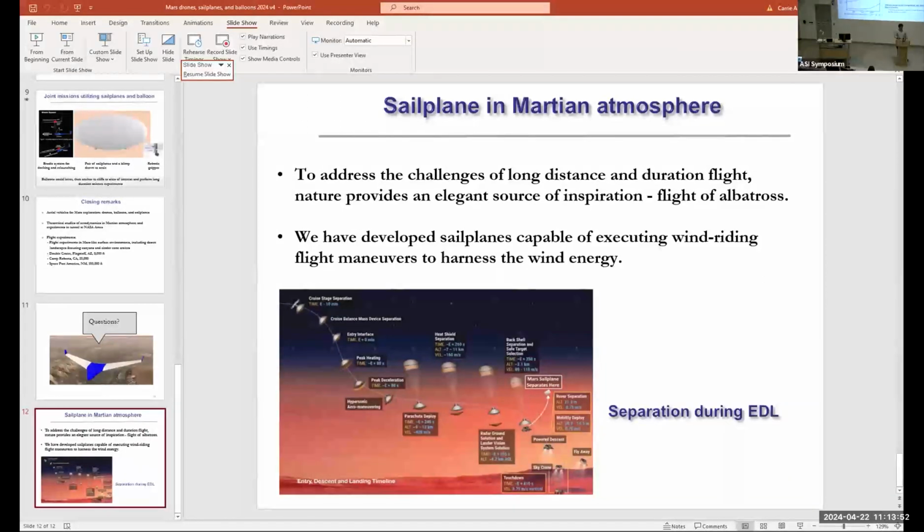But if the background is 100 times brighter, then you need significantly more time. These are simulations with 6-meter class future flagship missions. So the main point here is that if you do not know about the background, then you cannot actually plan for such observation with the future mission.